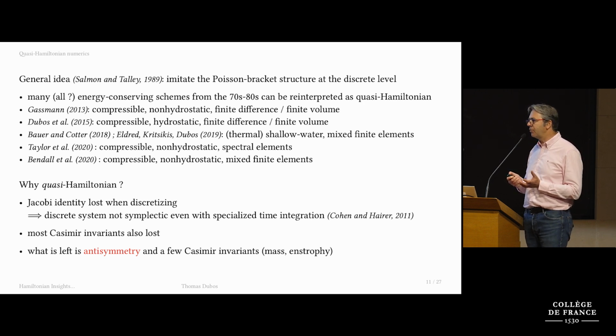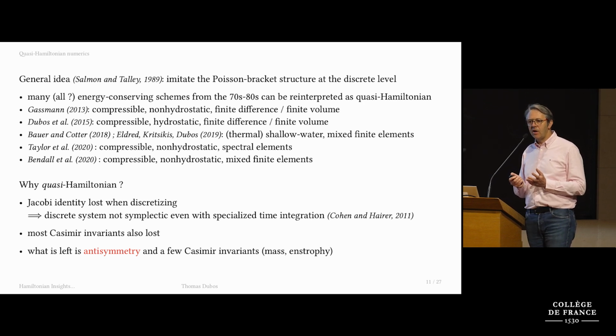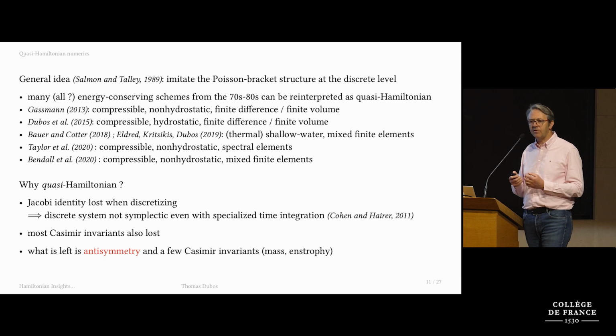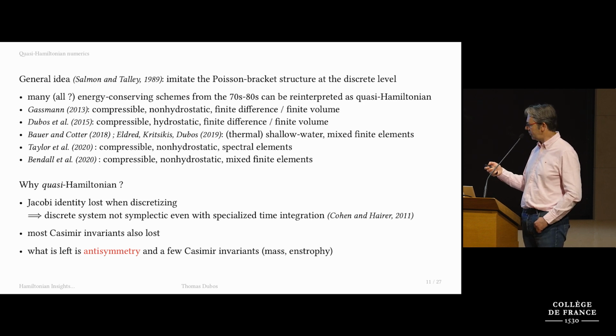Usually if you keep two of them, like the total mass corresponding to f of q equals 1, and total entropy corresponding to f of q equals q squared, you're very happy to have basically two invariants instead of a whole family. So what's left, that is relatively easy to transfer to the discrete setting, is antisymmetry.